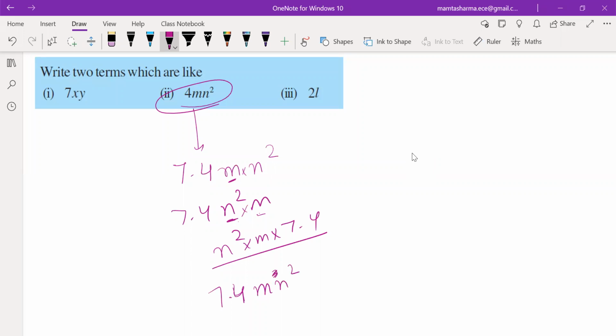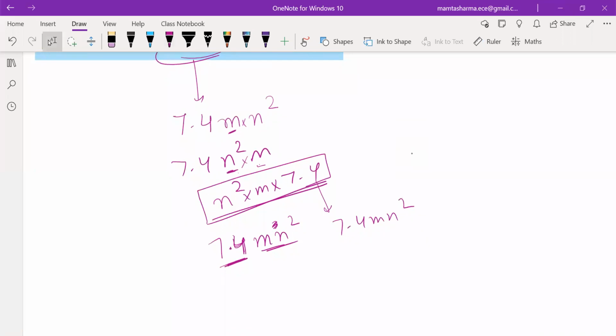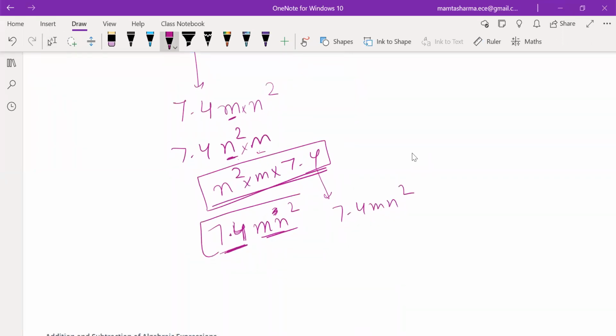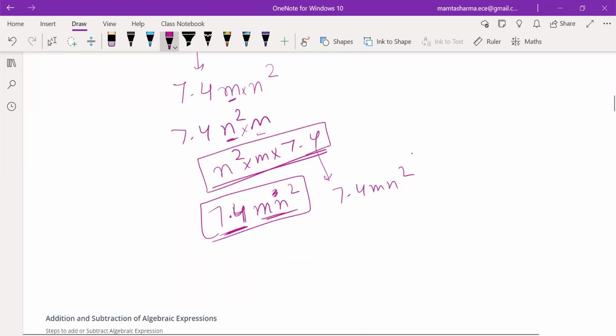It would be the same, there would be no change if we solve it. We will get 7.4 mn square only. But generally we keep the coefficient before the variables. This is the standard method to write any algebraic expression term.